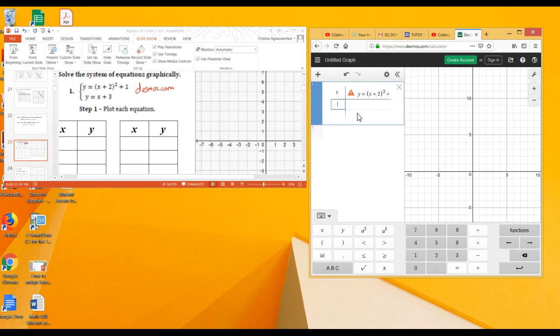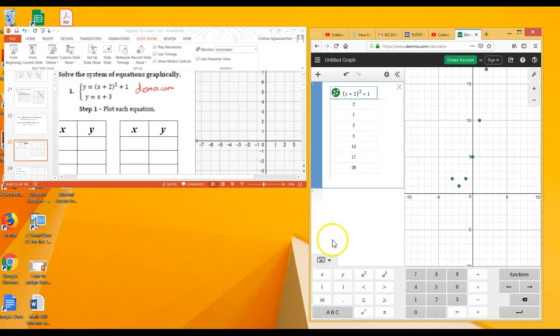We can use -3, -2, -1, 0, 1, 2, and if I press enter, it just starts entering that in for me. I'm also going to put in here, instead of y equals, just the part that comes after the y equals.